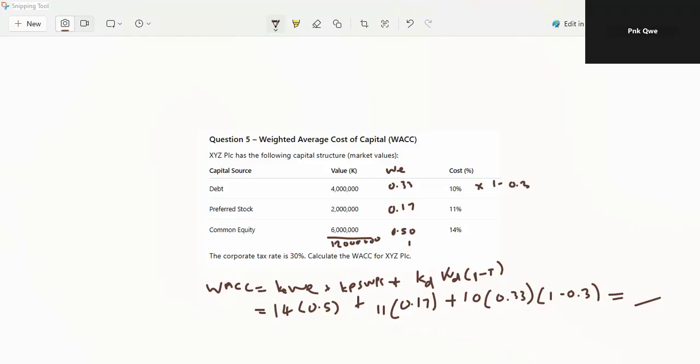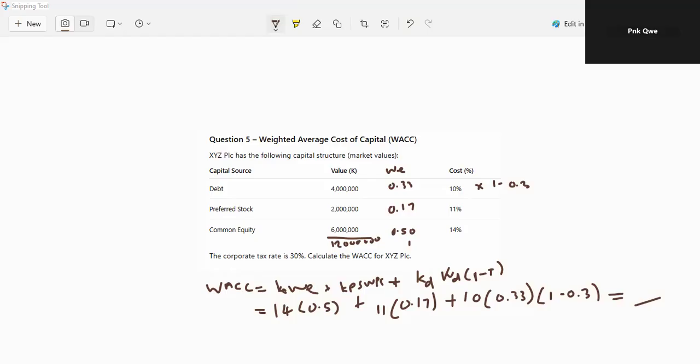So if that is the case, you can proceed to how the exam questions look. Since I've taught you how each of these is broken down, they'll give you a balance sheet, something like that.